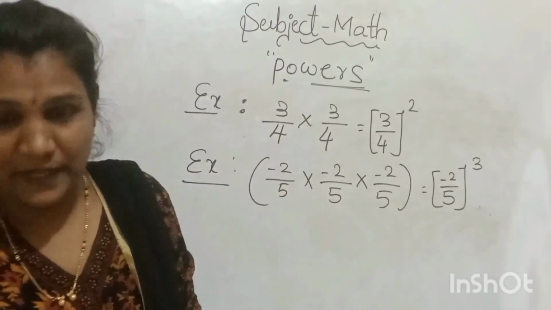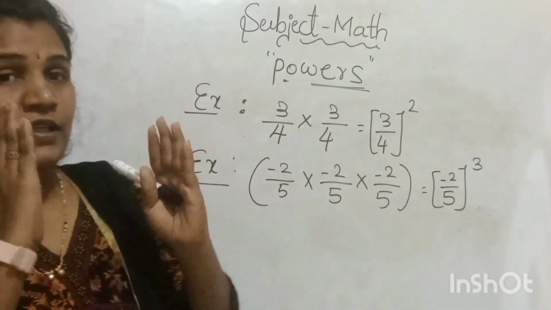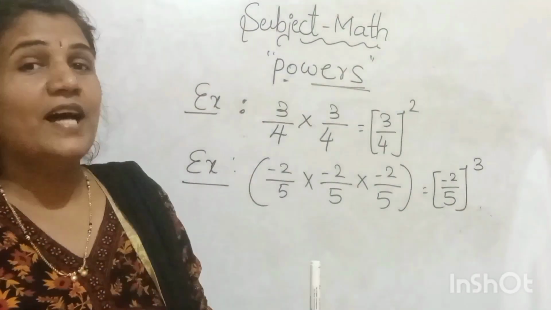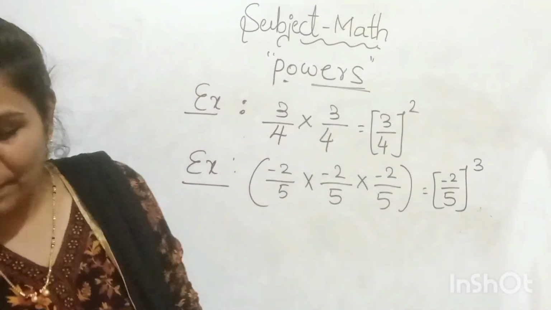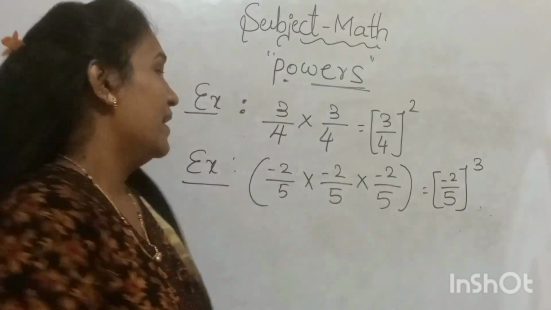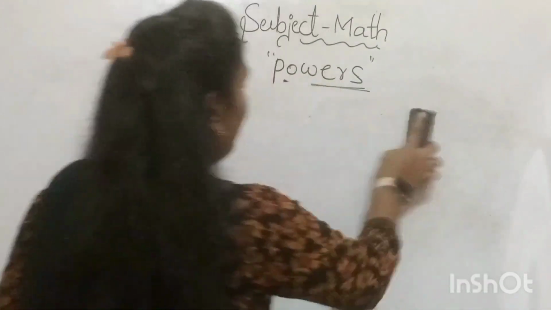Now, the number 1 as a power. Here see, if we take the number 1 as a power, then the answer will be the number itself. A rational number raised to the power of 1 is always the number itself.